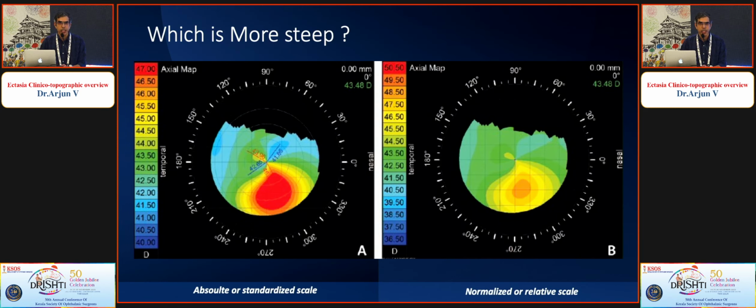The first one is an absolute scale, where the keratometric power always has the same color convention, but the next is the relative one. In the relative one, the machine determines the lowest power of the eye and the highest power of the eye, and then redesigns the map. With the absolute scale, it is easier to compare between visits and between eyes, as the color coding is always the same.